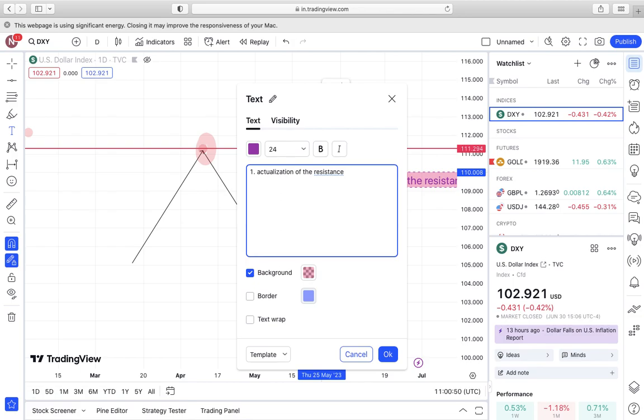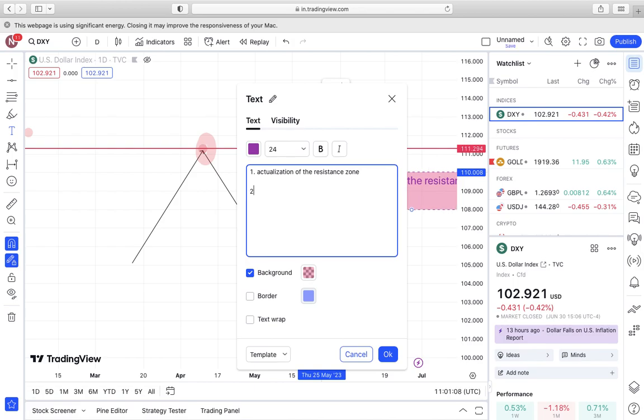That's why we have actualization of the resistance zone for the market to be considered a sell. And I already did a video on how a support zone and resistance zone is created, actualized, and violated. We had done a video on the same.